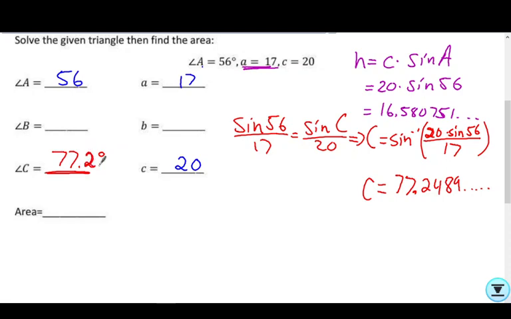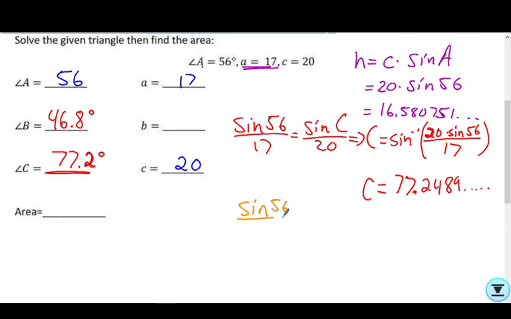Now that I have two of my angles, I can find the third one by subtracting those two from 180, which gives me angle B, which is 46.8 degrees. Then we can find side B by doing the law of sines one more time.